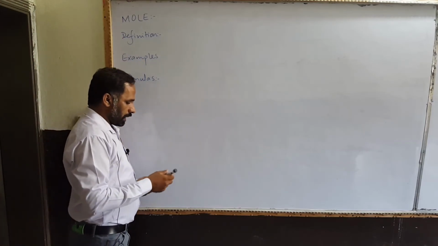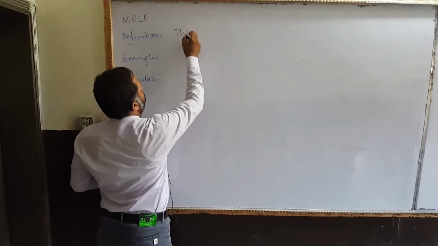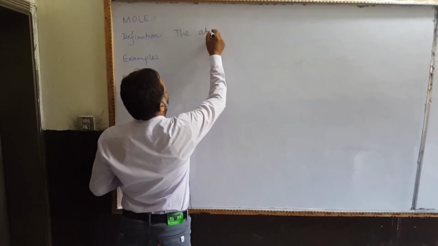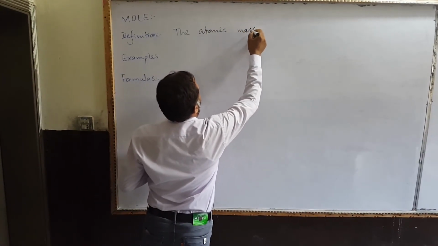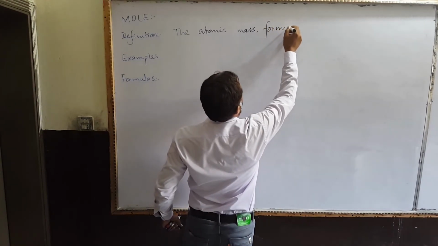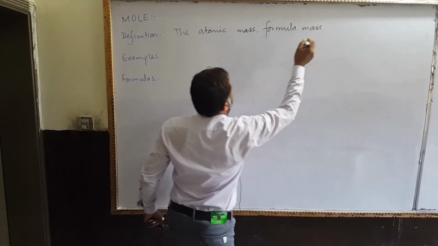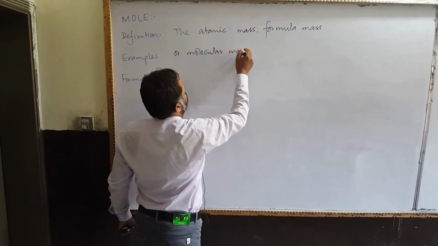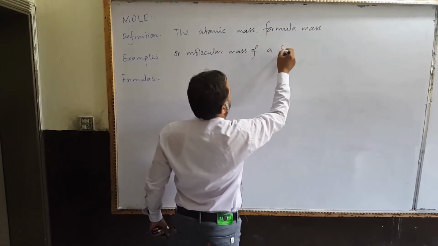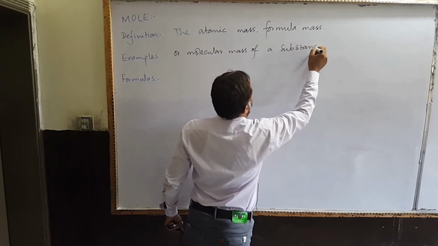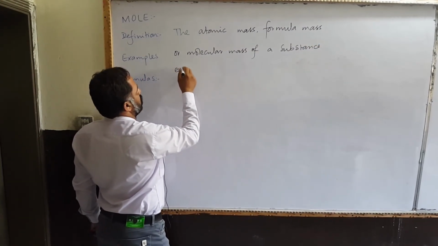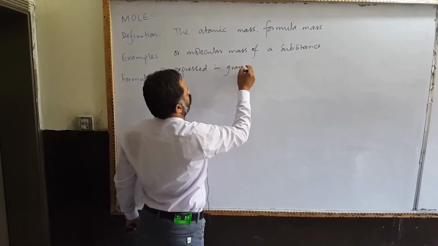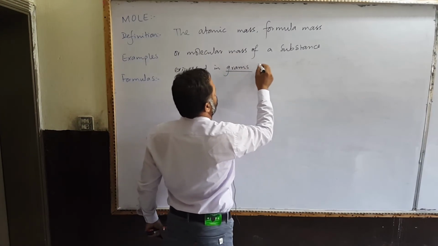Definition: thus, atomic mass, formula mass or molecular mass of a substance expressed in grams, gram being the unit of mass, is called a mole.